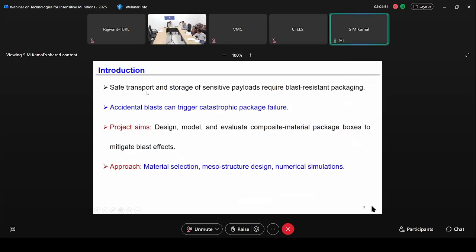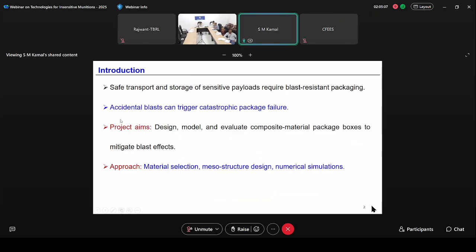The safe transport and storage of sensitive payloads such as explosives, defense materials, or hazardous goods requires packaging that can withstand accidental blasts.